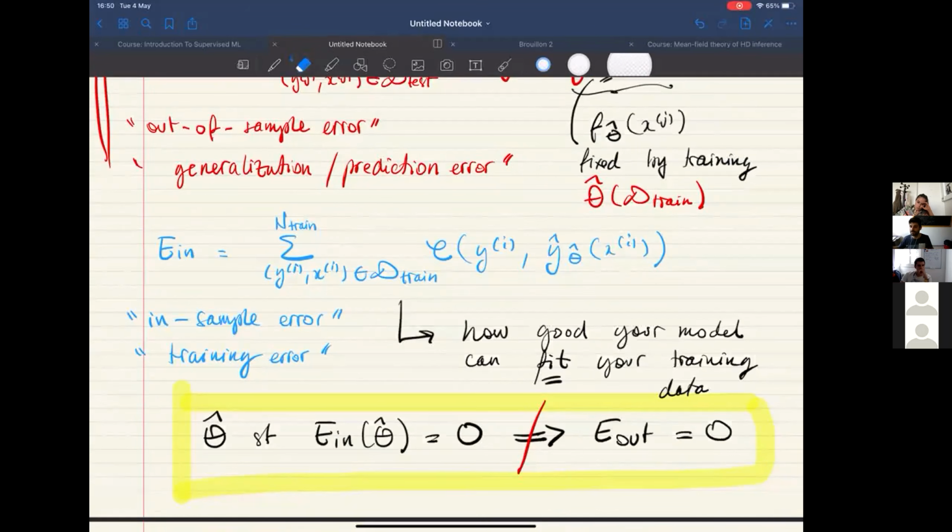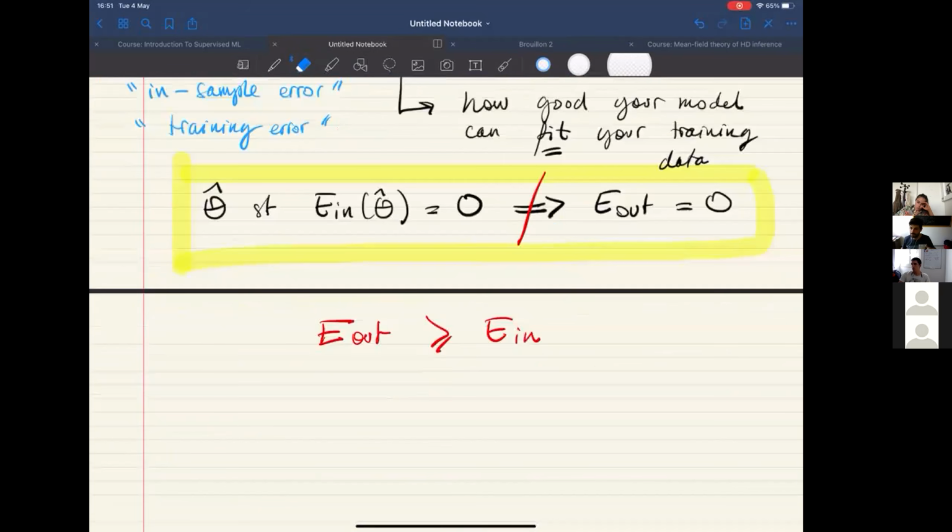Or if you have different versions of the same algorithm, let's say you have multiple neural network architectures, or you have multiple linear models but with a different number of features, you can choose which one is the best by training both of them on the training data, testing them both on the same test data, and choosing the one which has the smallest test error.